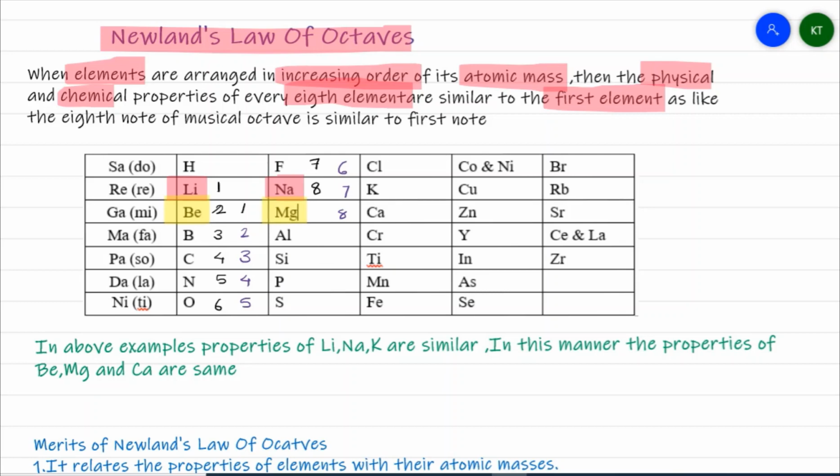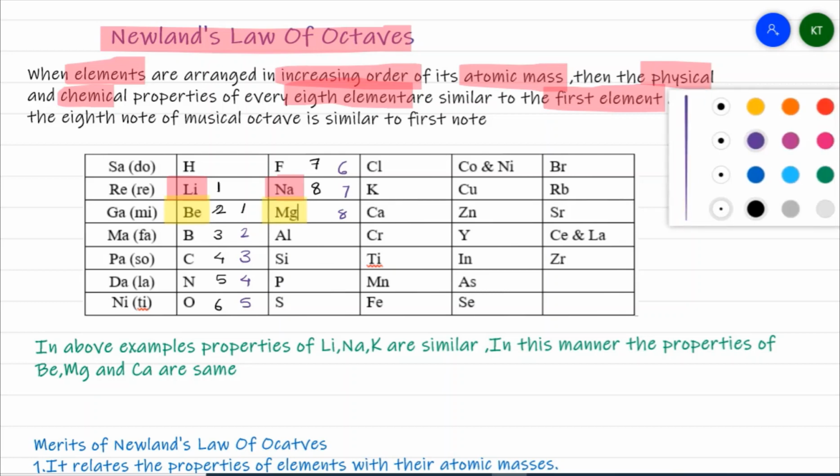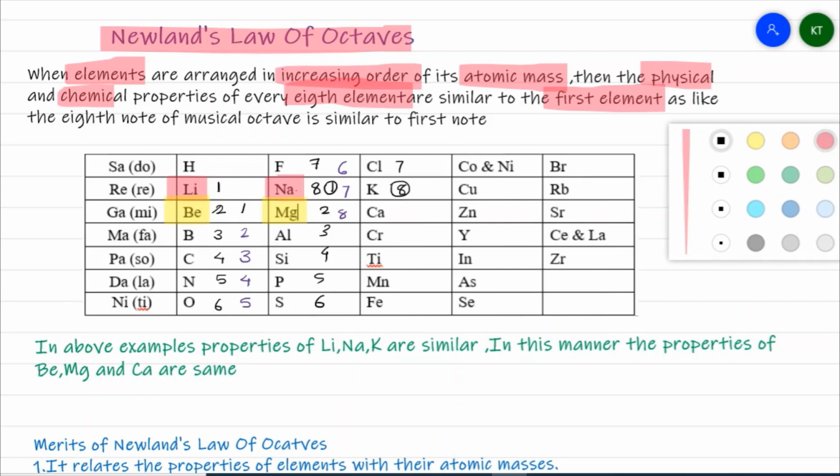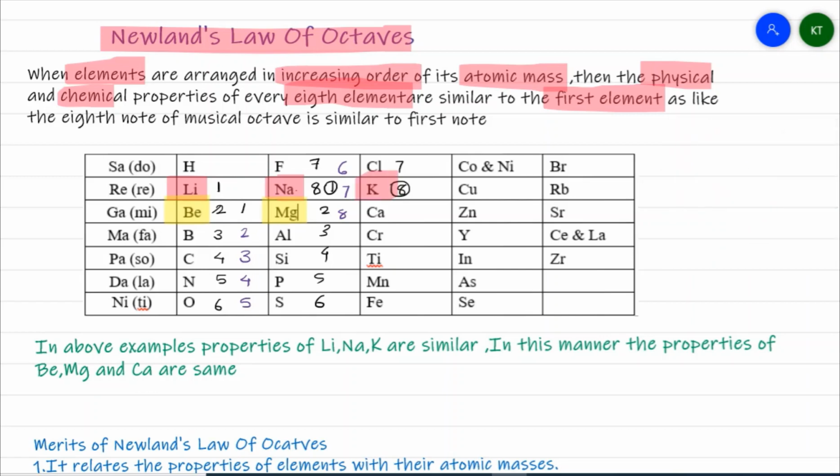Now in the same way, if I take sodium as the first element, this is second, third, fourth, fifth, sixth, seventh, eighth. So sodium and potassium will have the same property.